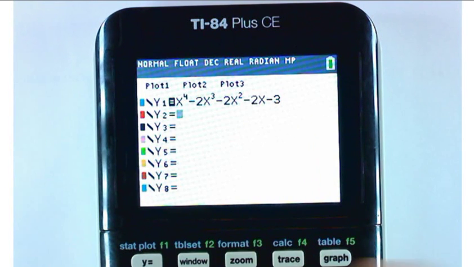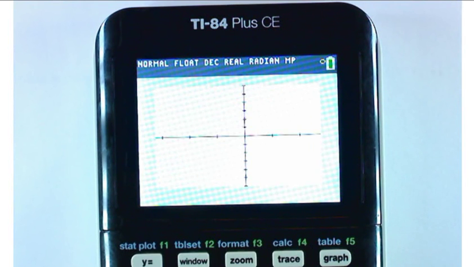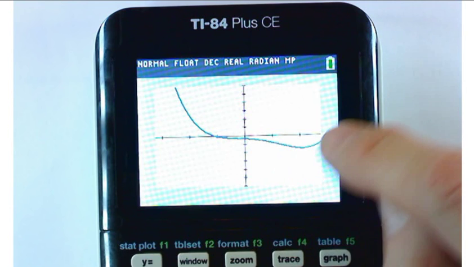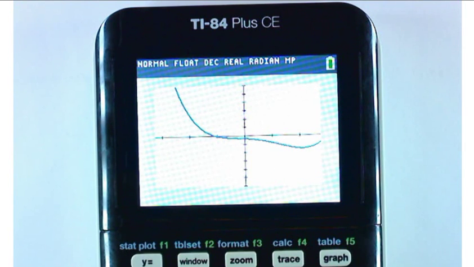And if I just hit the graph key using the window settings that I had from the previous one, let's see what I get. Not too bad, but there seems like some important behavior that I'm missing, right? The important behavior looks like that graph comes back and crosses the x-axis.